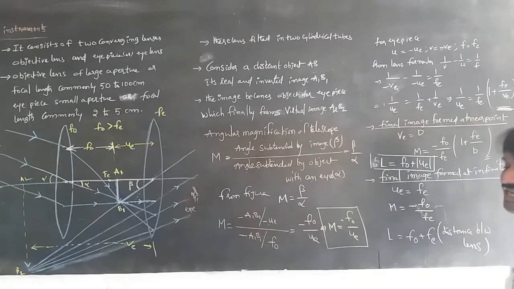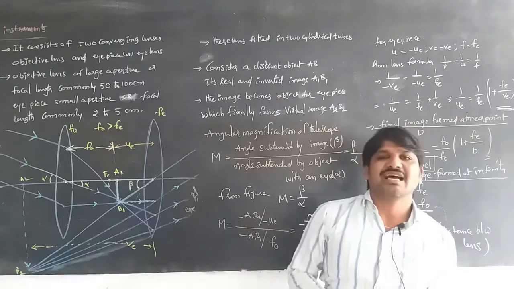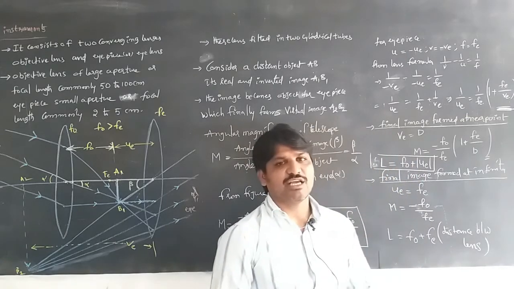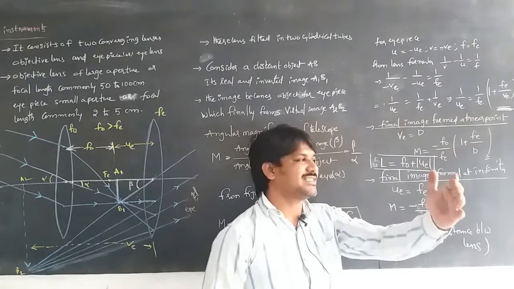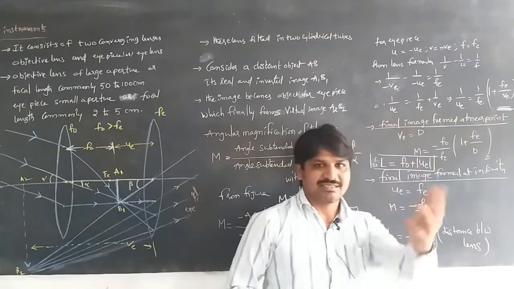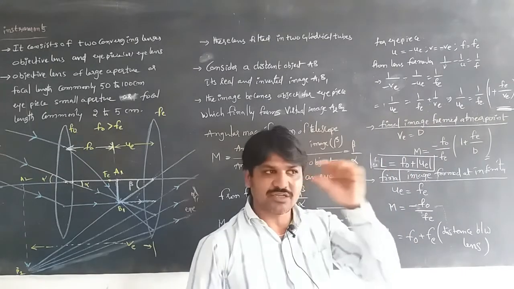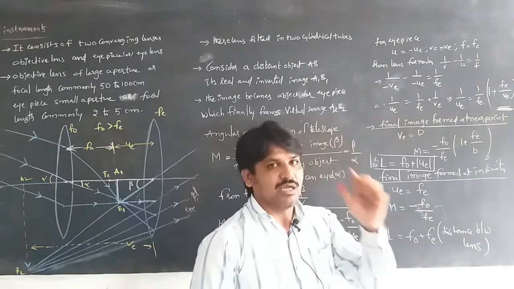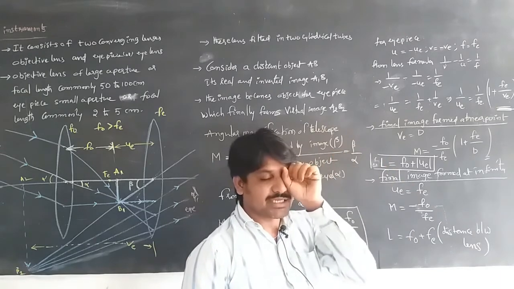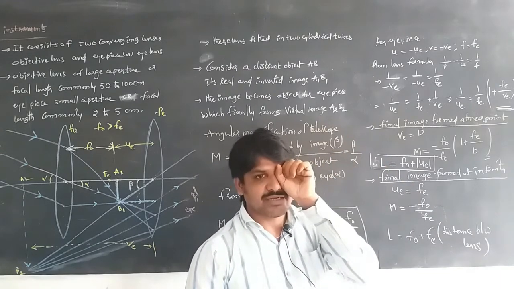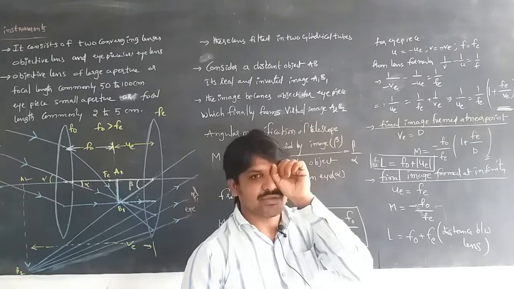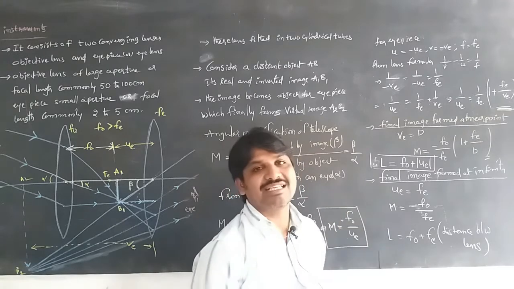From that formula, if the final image is formed at the near point, then VE becomes a certain distance D. At a distance D, the near point, D means the distance of distinct vision. If the eye is placed near the eyepiece, then the image can be equal to that of distant vision.